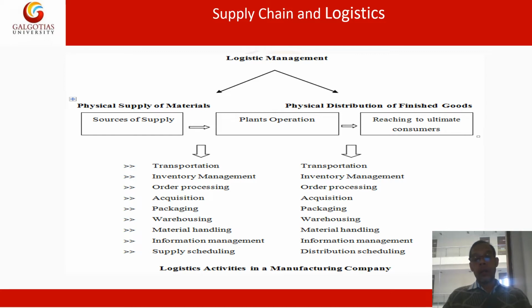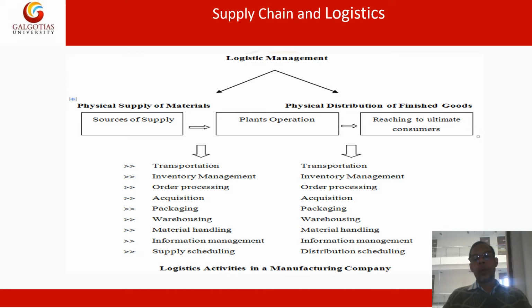In the physical distribution part, the marketing department is doing the marketing. Once the order is placed by the customer, order processing is done, material is picked up from the finished good warehouse, and then physical distribution scheduling needs to be done.